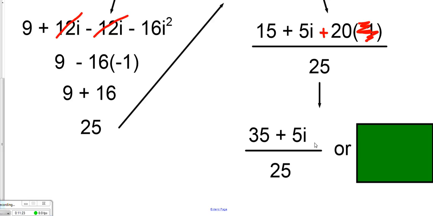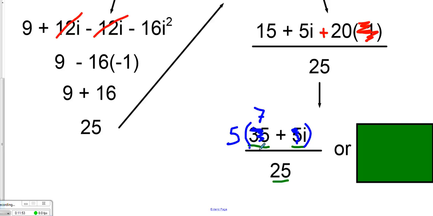So this would be the simplified form, except for the fact that if you look at all three terms, 35, 5i, and 25, we can take a 5 out of every single piece. It's kind of like saying we're going to factor the top and take 5 out, leaving 7 and 1i.